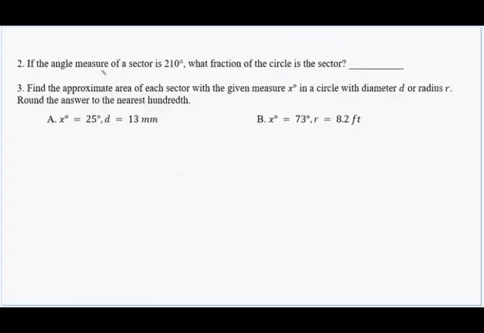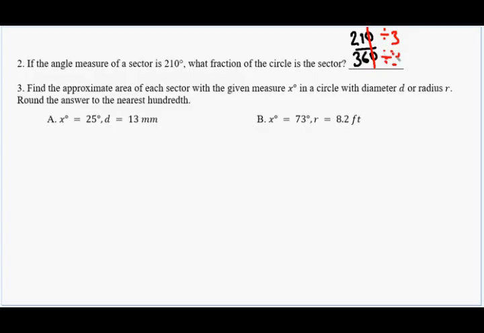All right, what's number 2? Oh, number 2 is just a tiny one up here. If the angle measure of a sector is 210, what fraction of the circle is the sector? Well, let's do 210 over 360. We can immediately drop the zeros. And then when I look at that, I know that the top is divisible by 3 and the bottom is divisible by 3.